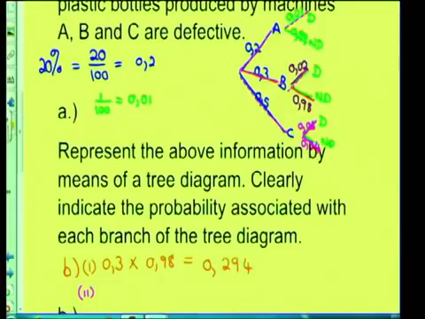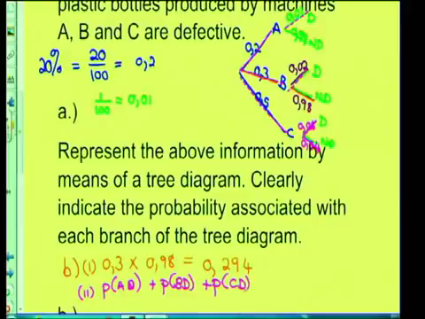So if I start with the probability of A defective, added to the probability of B defective, added to the probability of C defective. Let's see what we're going to get. So the probability of A defective would be 0,2 times 0,01.